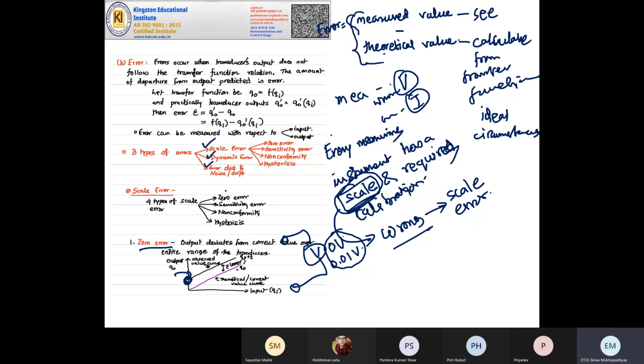When it should have shown 0 voltage, it's showing 0.01. That is a zero error. The zeros are not coinciding. That error is a linear error. That means it will stay same forever. Even if the reading changes, say for the same voltmeter, you attach a 5 voltage battery. If you have a zero error of 0.01, 5 voltage will appear as 5.01 volt.